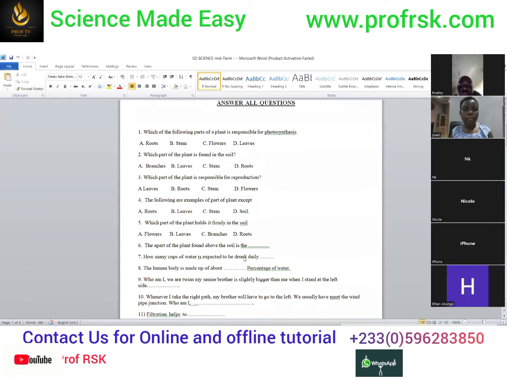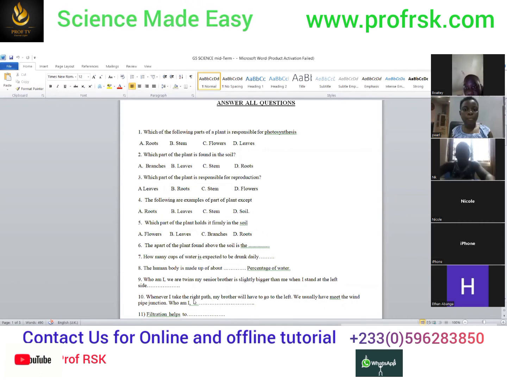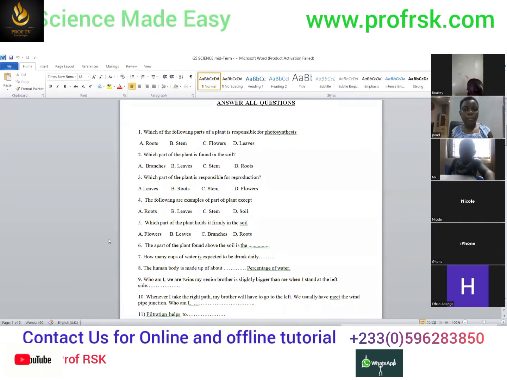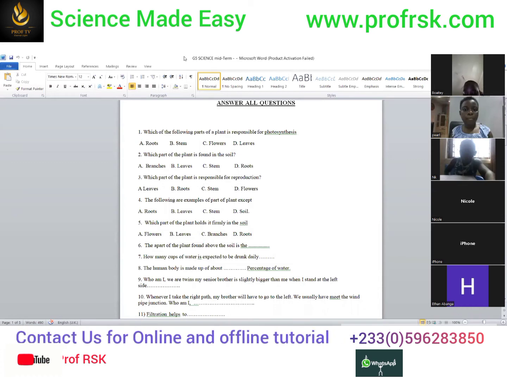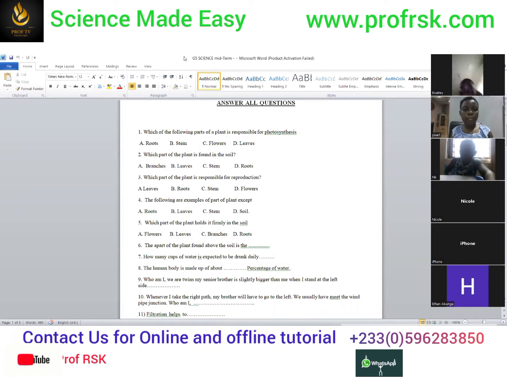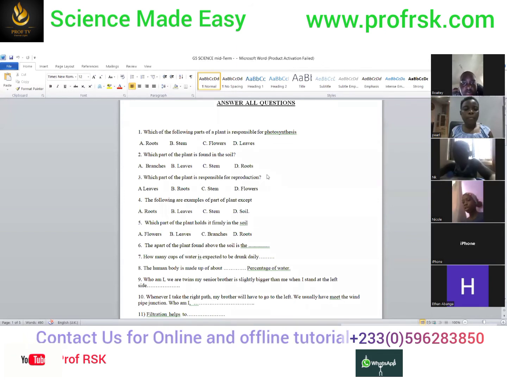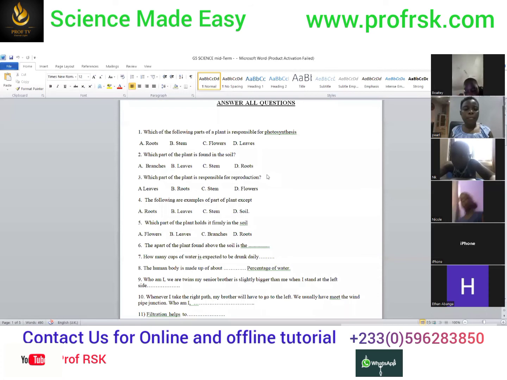All right, so the answer is the left lung. When we were discussing the respiratory system, we said that the right lung is slightly bigger than the left one.